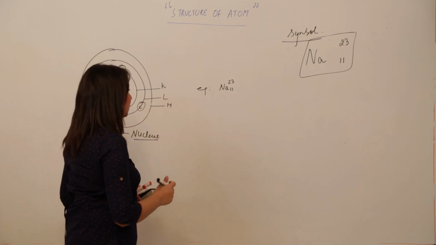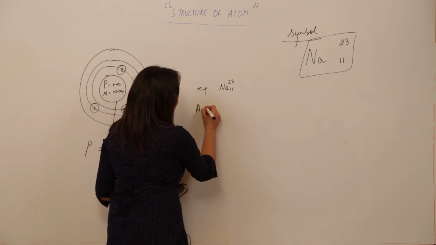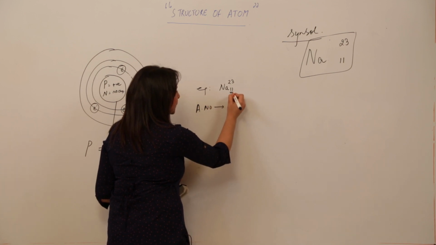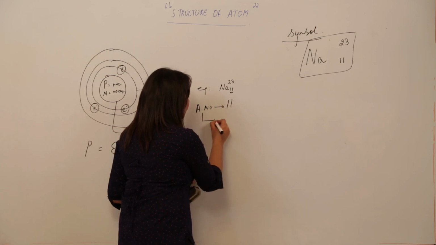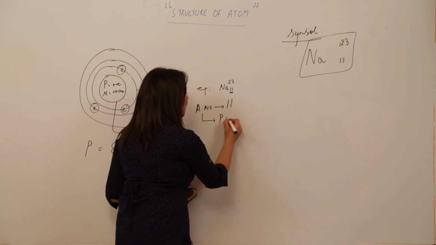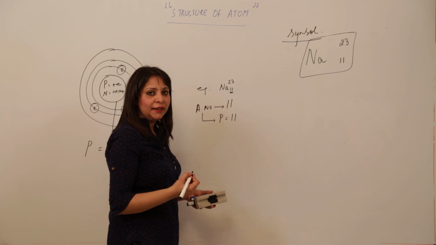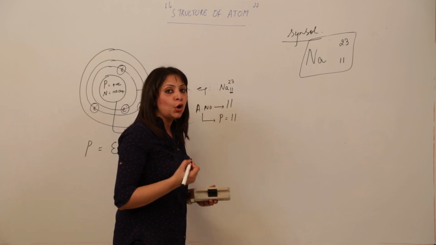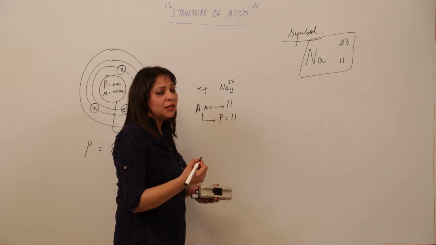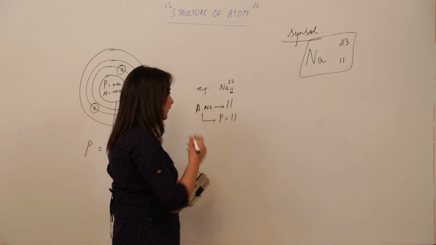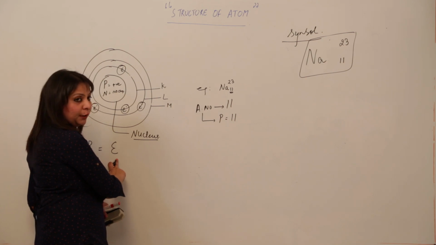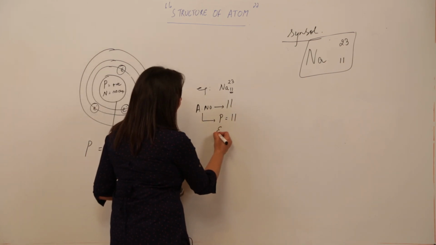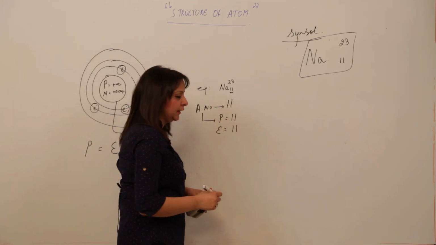The atomic number, written as subscript, is 11, and it corresponds to the number of protons. So the protons are 11. Since the atom is electrically neutral, the number of protons is always equal to the number of electrons, so the electrons are also 11.